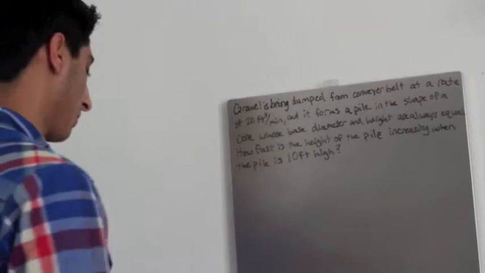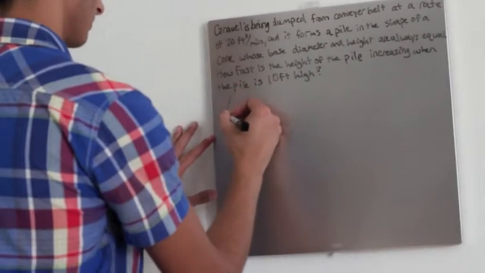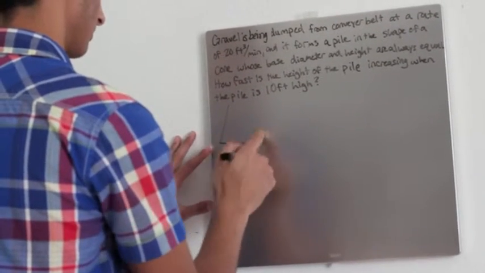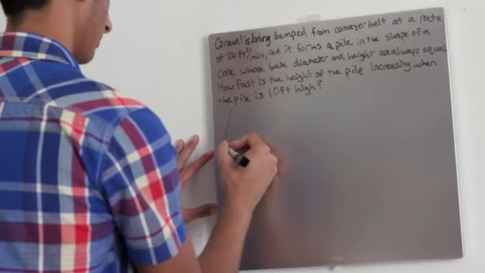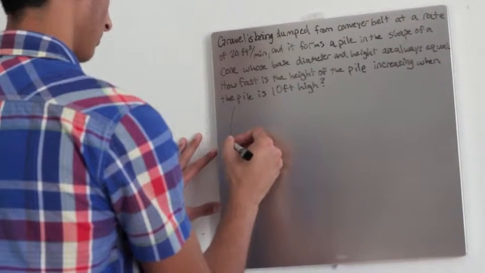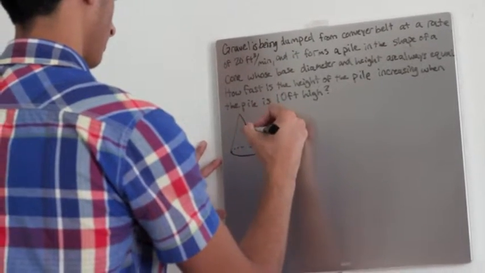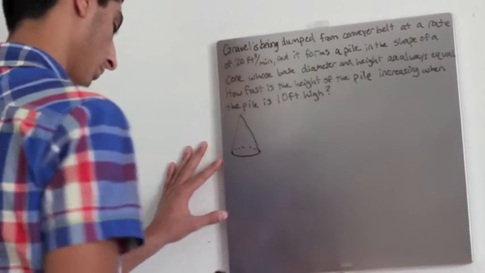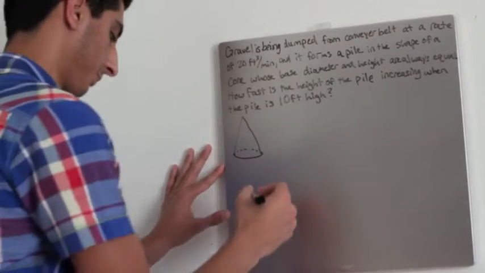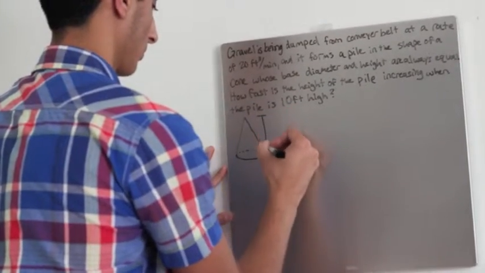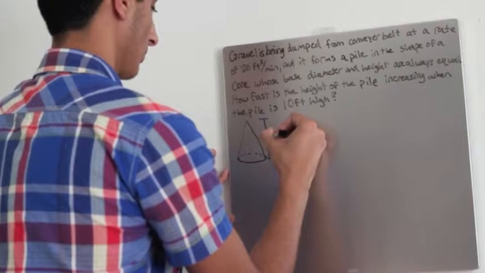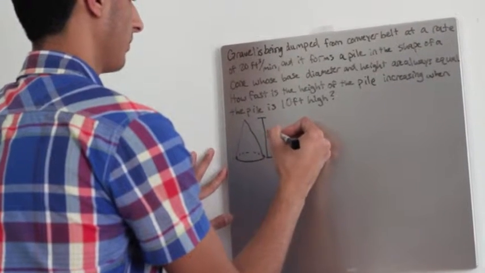Okay, so first we draw our picture. And we'll label our picture too. This is our height, which equals 10 feet.